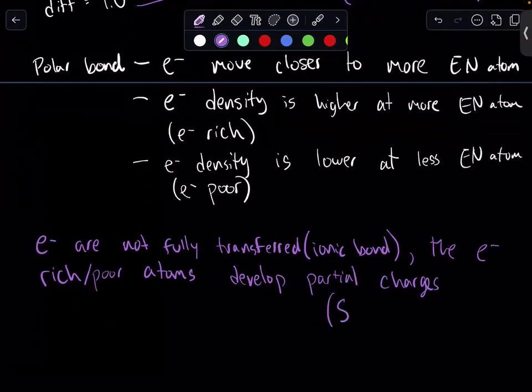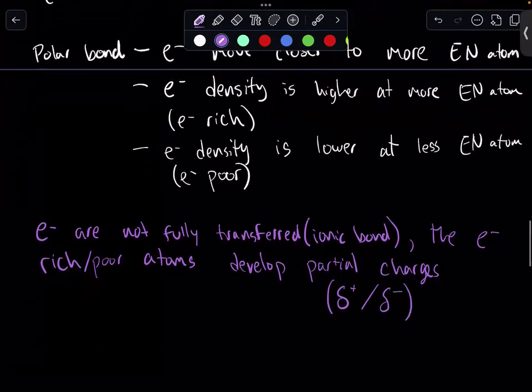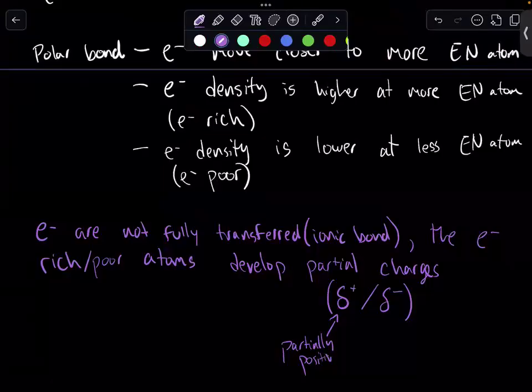And we denote this with this symbol. This is a lowercase delta. It looks like an S with a tail. And this means partially positive, and this means partially negative.